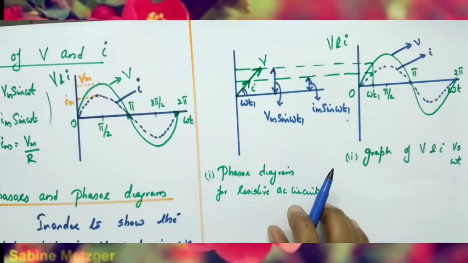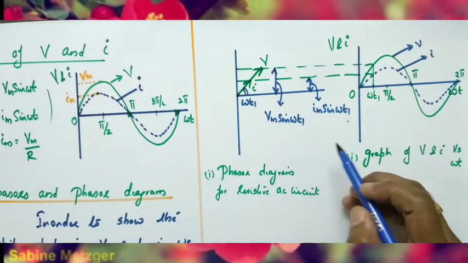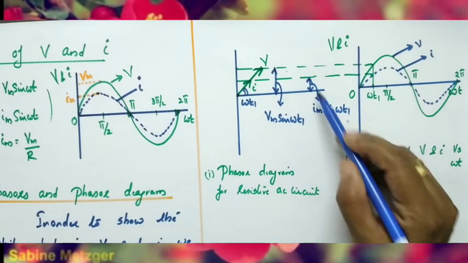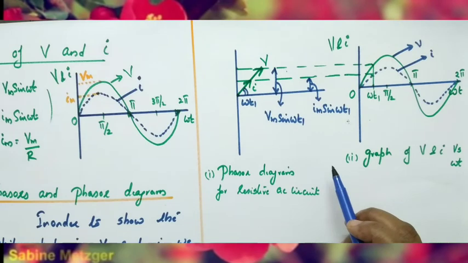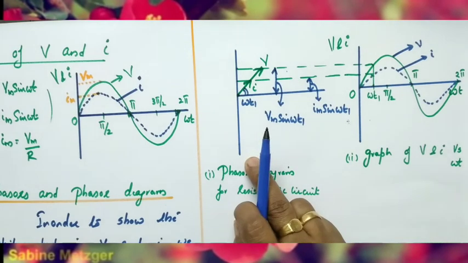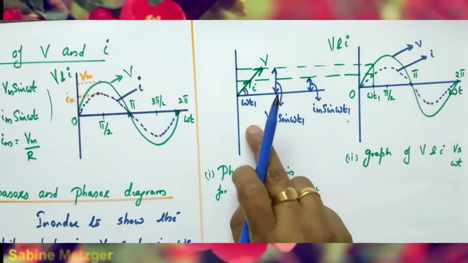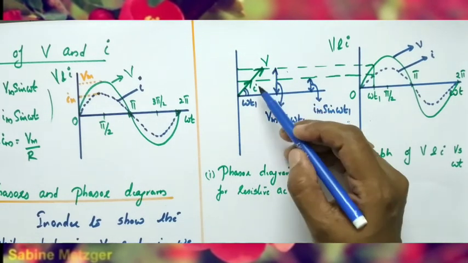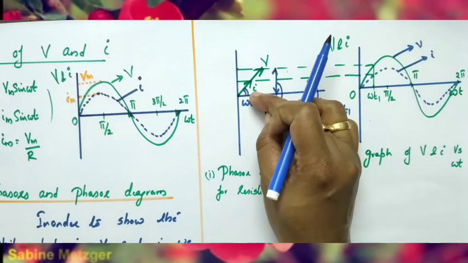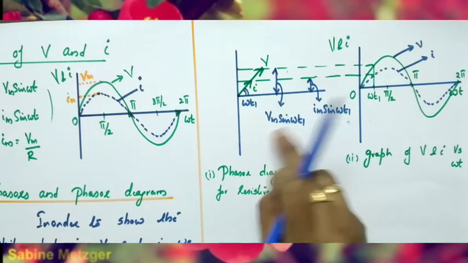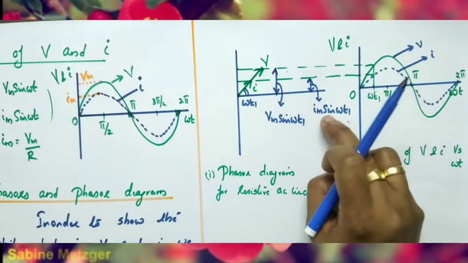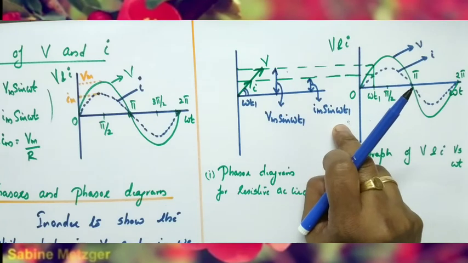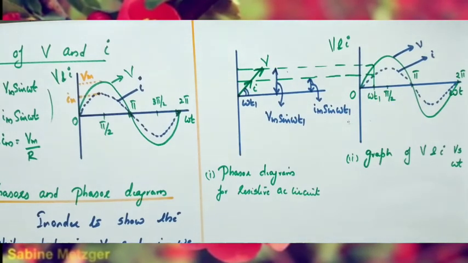So the projections of the voltage and current phasors are Vm sin omega t1 and Im sin omega t1. From the phasor diagram we can clearly say that voltage and current are in phase, because it is the same line. Voltage magnitude is greater than current magnitude, the voltage projection is Vm sin omega t1 and the current projection is Im sin omega t1. So this is the phasor diagram of AC voltage connected to a resistor.